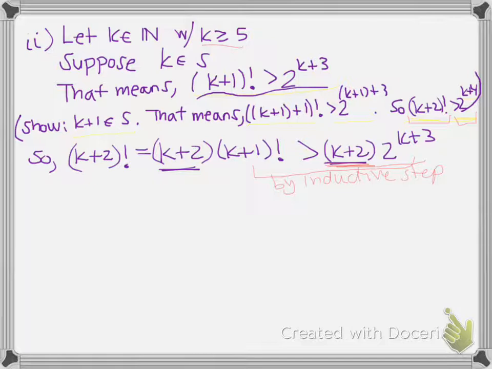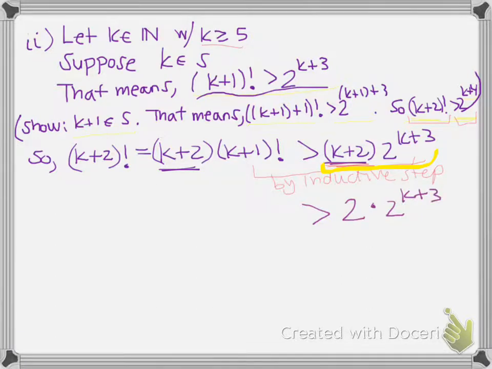Well, if that's the smallest it will ever be, then this term right here will be greater than 2. And if I could put it on one line, I would. So if you have room on your paper, put it on one line. I just don't have room on this board that I'm writing on my iPad. So this is greater than 2 times 2 to the k plus 3.